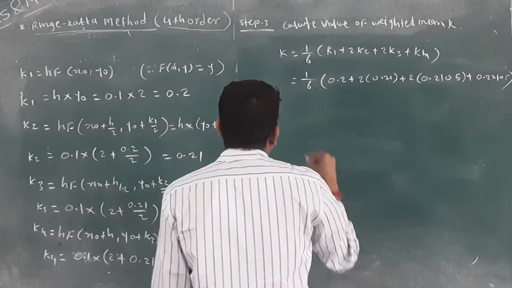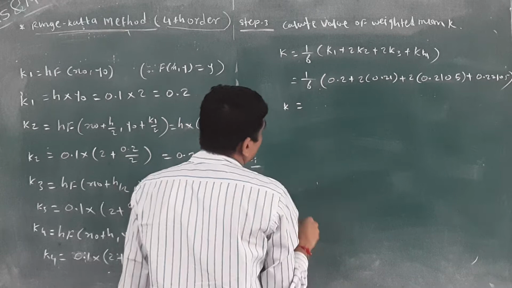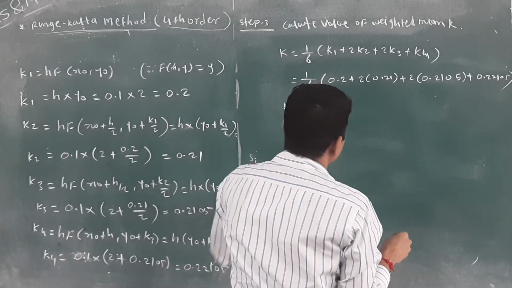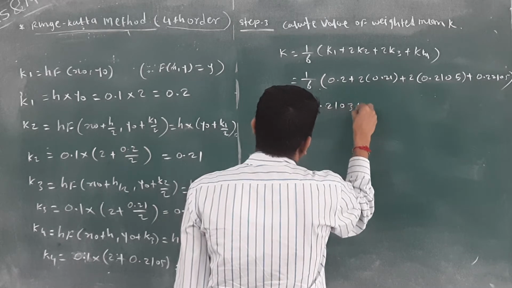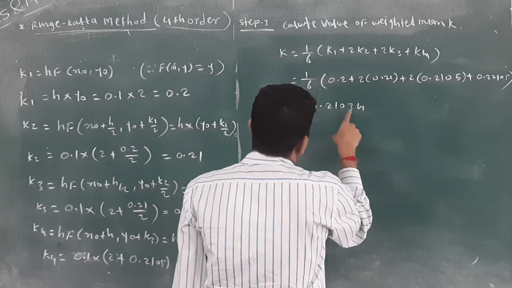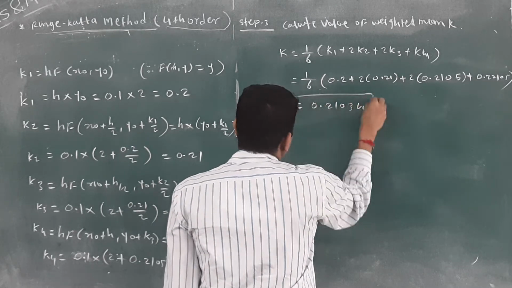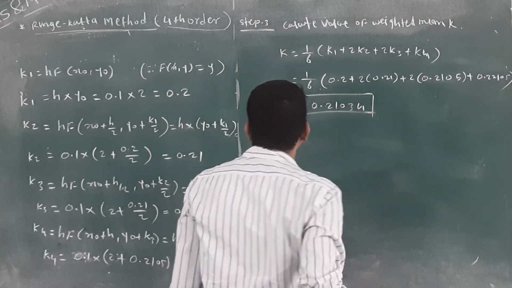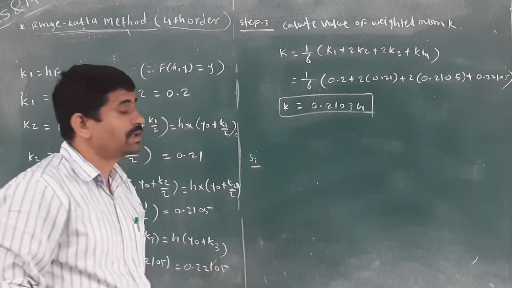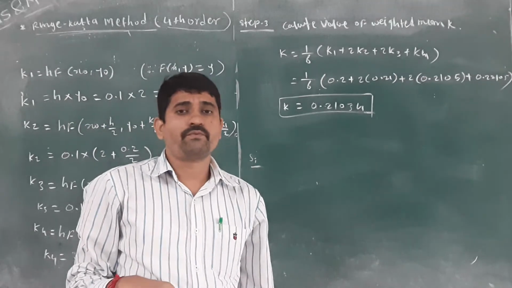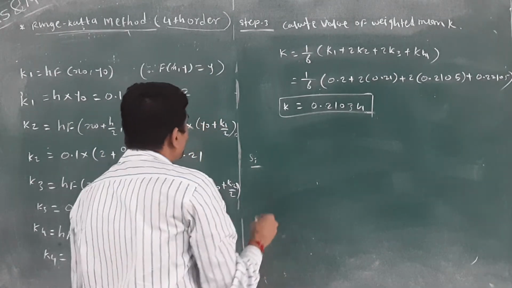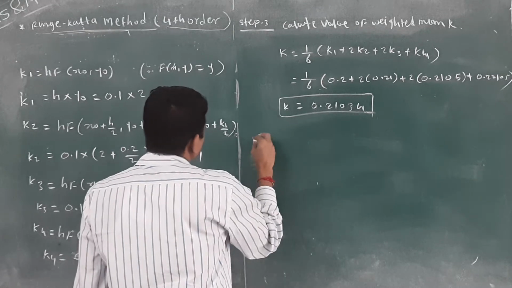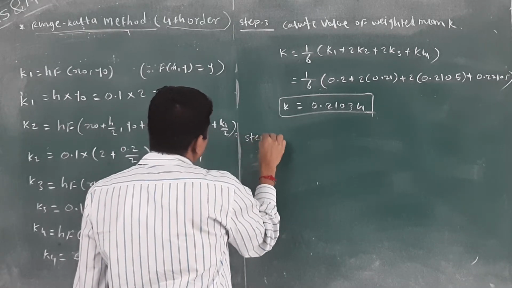When you calculate that K with the help of this formula, you will get 0.21034. In step number 3, you have to calculate the value of weighted mean. Once you have calculated it, then easily you can calculate the value of yg.